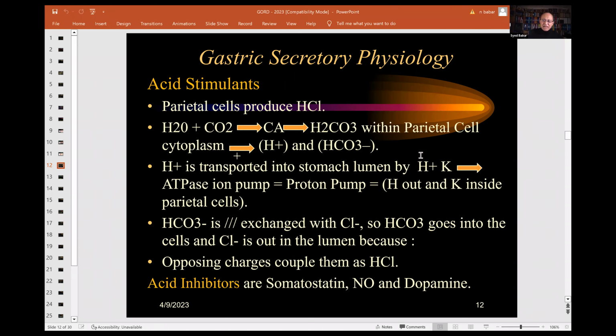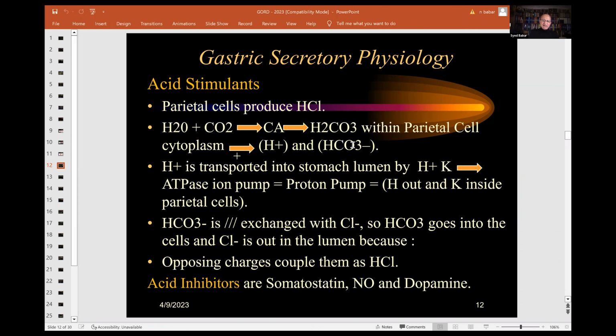So in the resting state, if there's a need for the parietal cell to secrete hydrochloric acid, the first thing that happens is the hydrogen ion diffuses into the cavity of the stomach from the cells. So the cells lose hydrogen ion, which leaks into the stomach cavity, and it is also accompanied by bicarbonate.